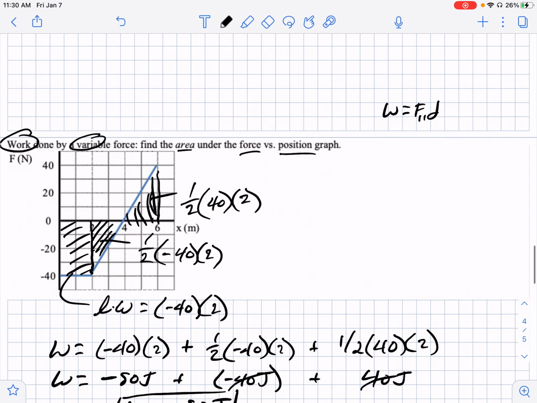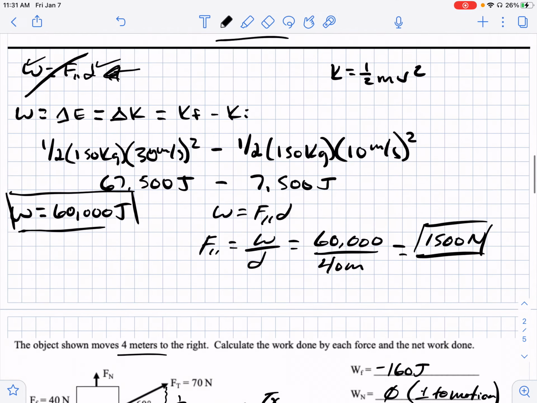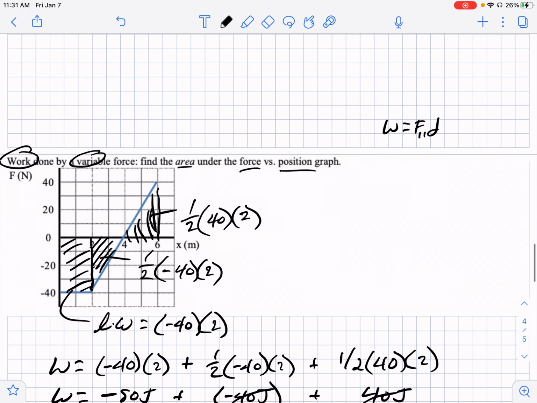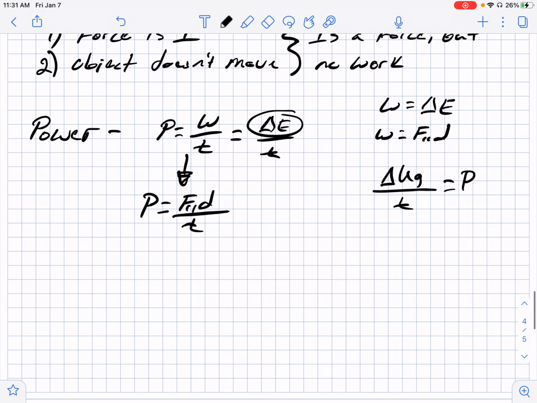And in the practice problem that we had with the car earlier, our change in energy was kinetic energy. If I divide by the time, then that's how I would solve for power. So it really just depends on what's given in the problem. But there's two ways to solve for power, one in terms of work, one in terms of energy.